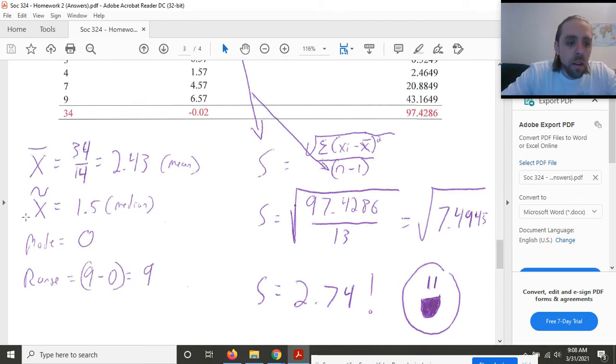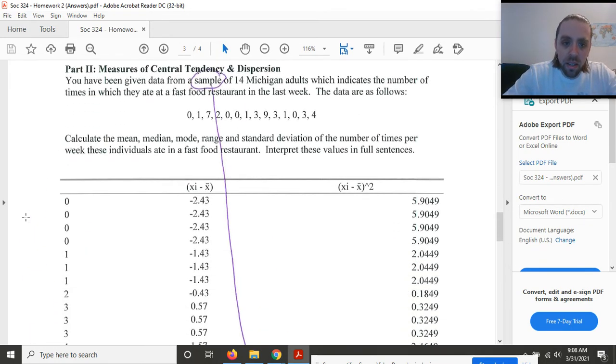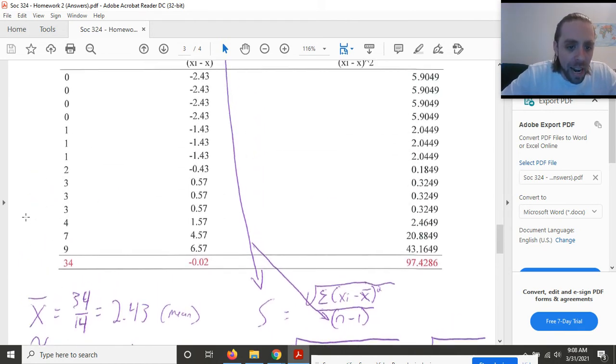And then the mean, X bar. I used X bar. Why? Because I looked up here and said that it was a sample. So I knew I didn't have to use mu. I knew I should use X bar. So I got this by doing the summation of X over N. The summation of X is 34. It is each value added to each other, right?